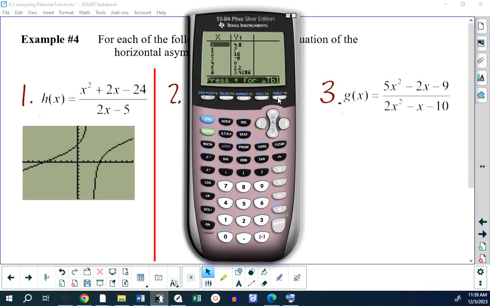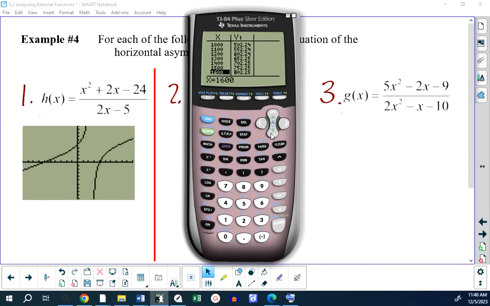Let's go to our table and let's scroll to larger values of x. Well, y just keeps getting bigger. Maybe it's going to settle down around 100, maybe. So I can set up my table to start at 0 and go up by 100 and go to my table. And it appears as though y just keeps getting larger.